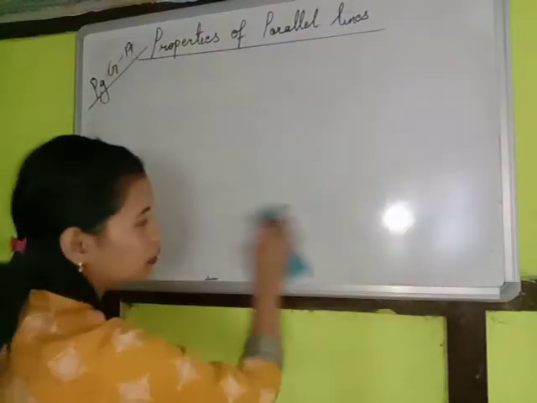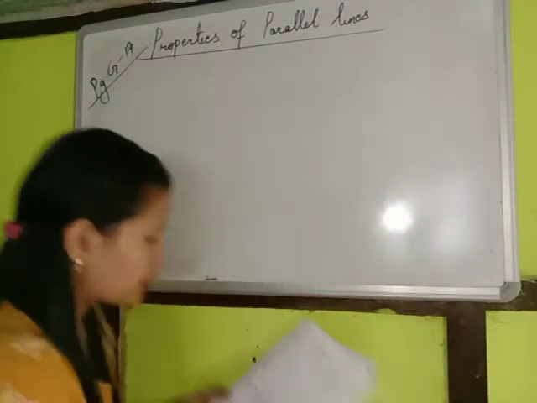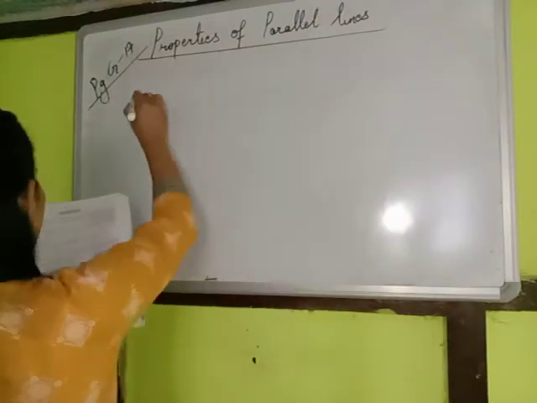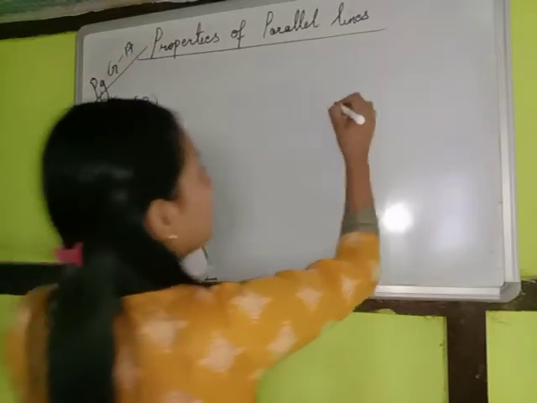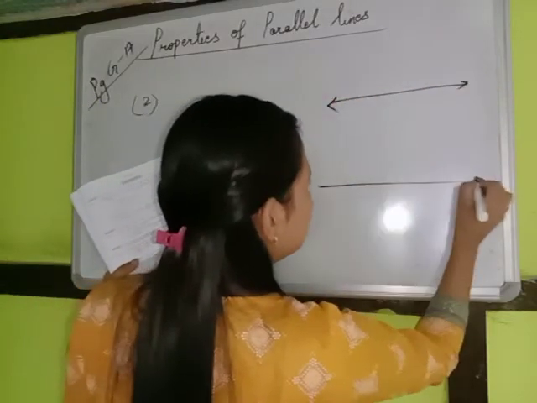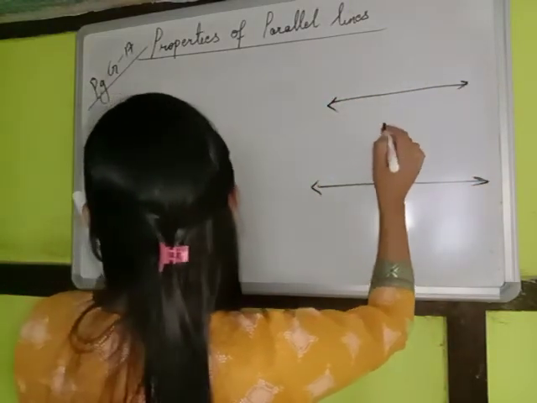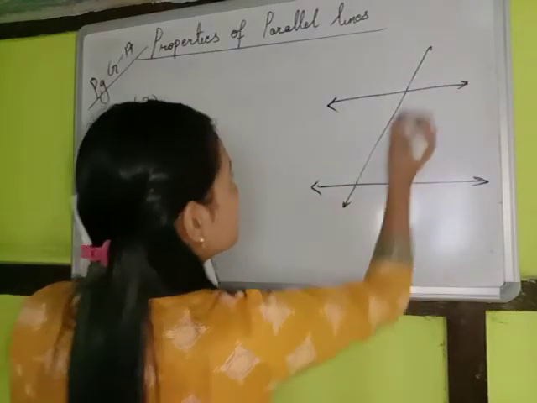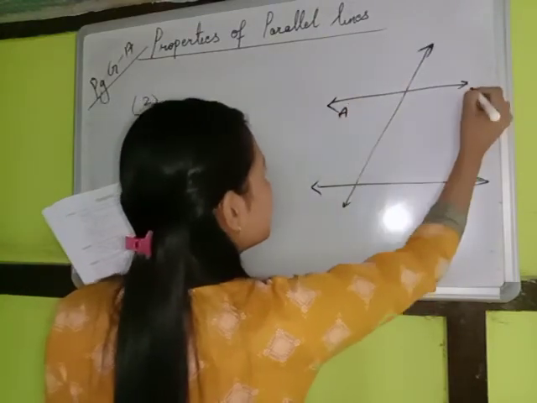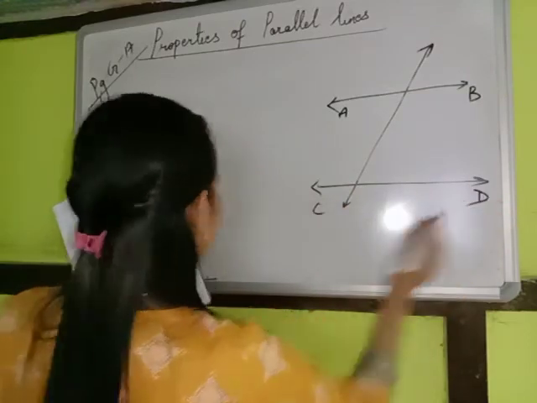Example 2. In example 2, AB and CD are parallel lines, and we have a transversal here. This is AB and this is CD.